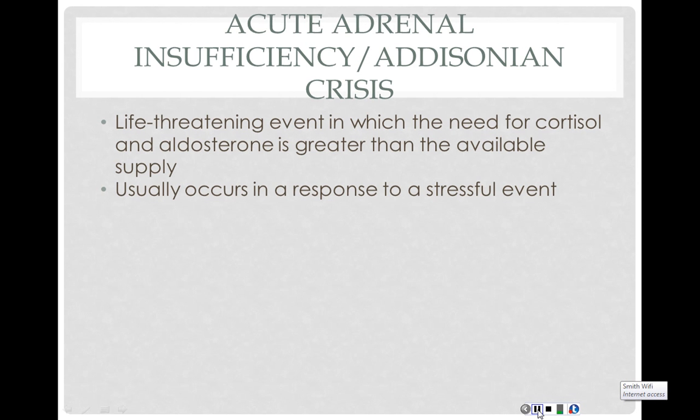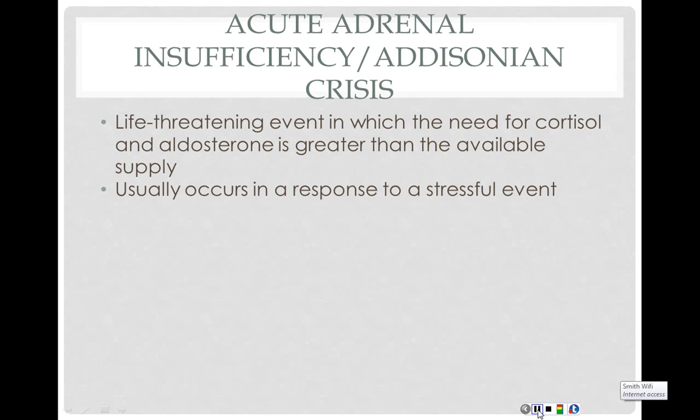The stressful event triggers the release of cortisol and aldosterone. Anytime we have a stressful event, it naturally triggers aldosterone and cortisol. Well, the reason it's life-threatening is that it's triggering this response in a person that's already deficient.